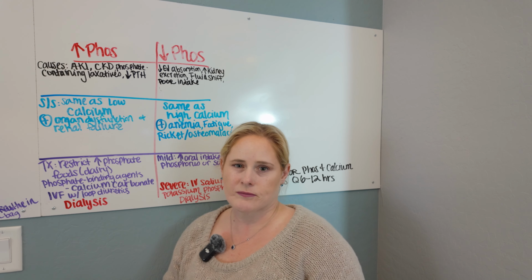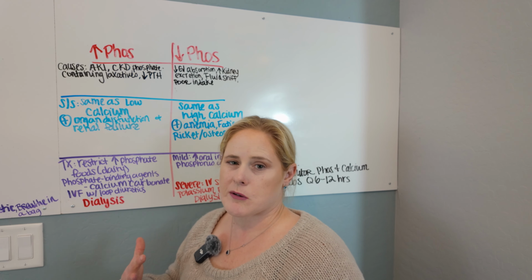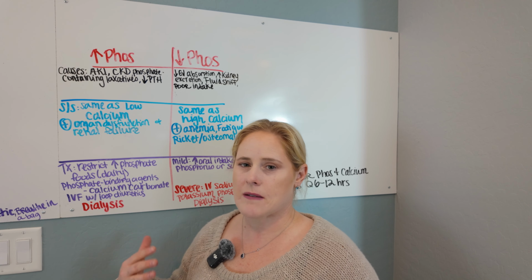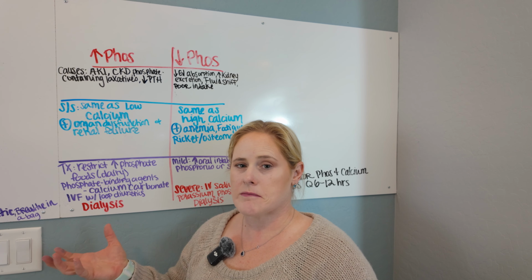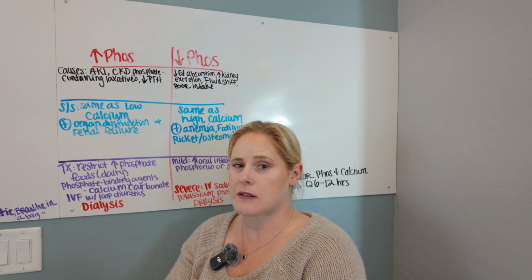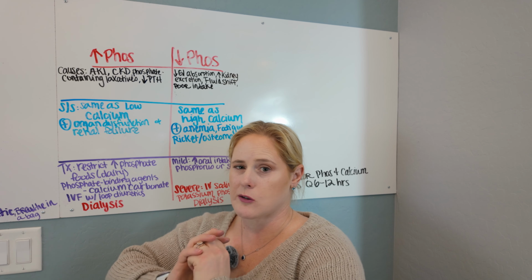You just get rid of it. So basically, we're giving you calcium carbonate, which is a phosphate binding agent. It's like a magnet specifically for phosphate, attracts the phosphate, and you excrete it out, just like that.